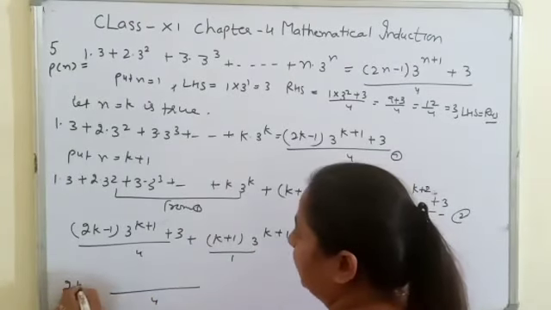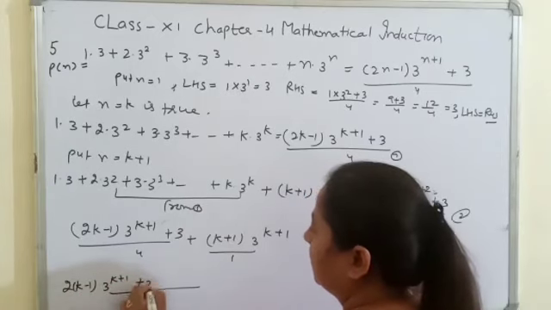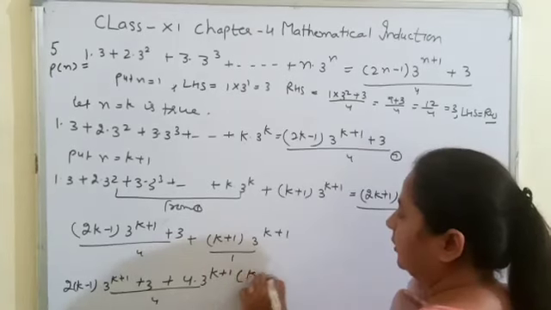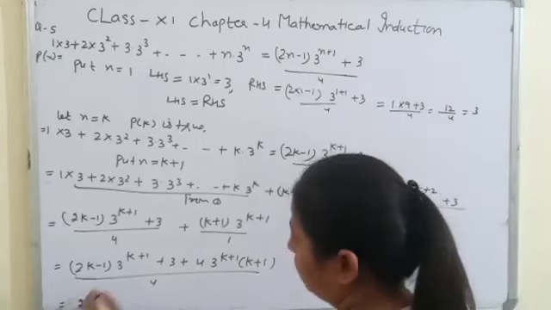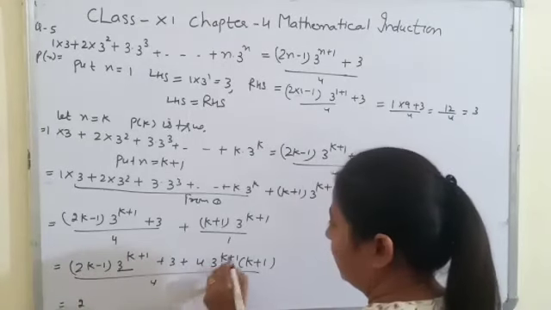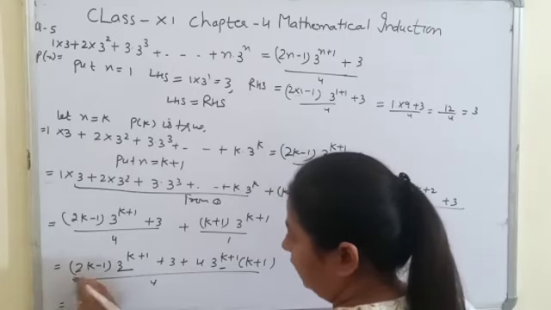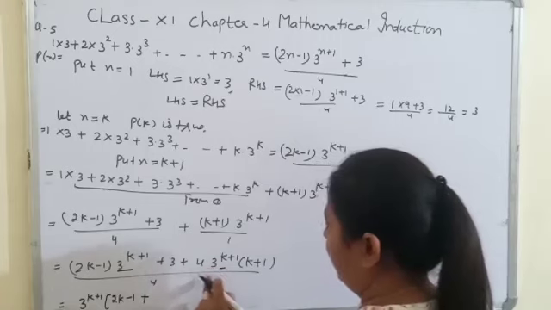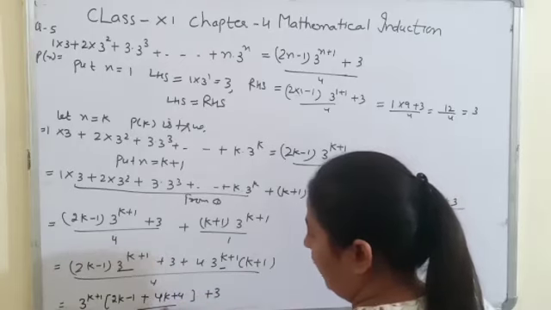This is 2k minus 1 into 3 power k plus 1 plus 3, plus 4 into 3 power k plus 1 into k plus 1. Let's take 3 power k plus 1 common and collect the rest of the terms. These are 2k minus 1 plus 4 into k plus 1, so we can write 4k plus 4, plus 3 upon 4.